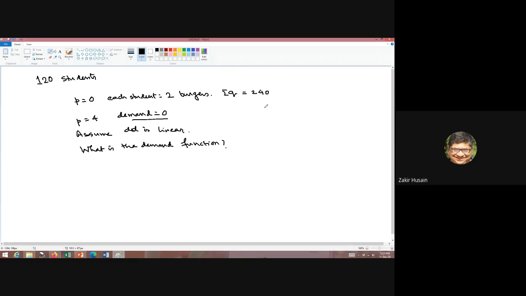In these cases, it is always best if you draw the diagram. This is P, this is Q. I'm not talking about elasticity. I'm saying, what is the demand function? You have to write out the demand function. First, draw it.